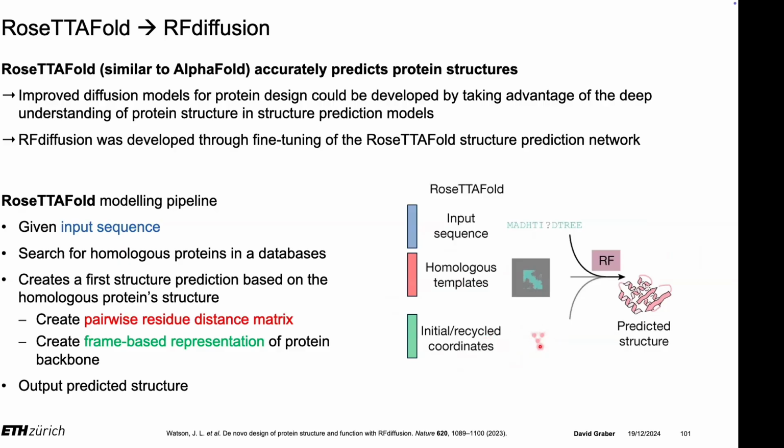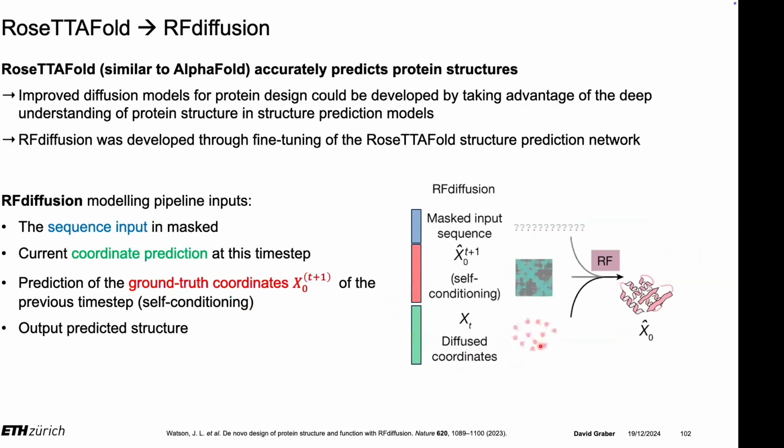So this is the architecture of Rosetta Fold, and they basically used the same architecture for RF diffusion. But now the sequence input is masked because in this task we don't need this anymore, right? And then these homologous templates and the first guess of the pairwise distance matrix are replaced by the ground truth coordinates of the previous time step.